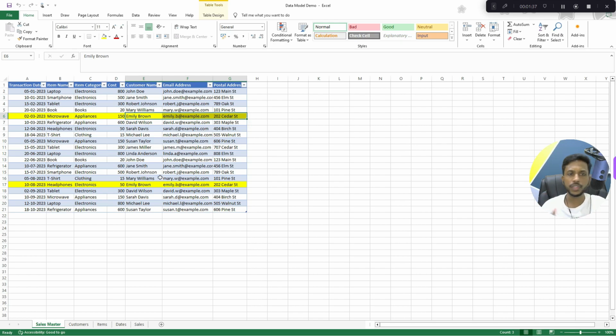Right now we don't see any issue because it's a very small table, we can quickly import it and build a proper Power BI report out of it without any performance issue. But when you are dealing with millions of rows, having a single table and duplicating this information is not well suggested.